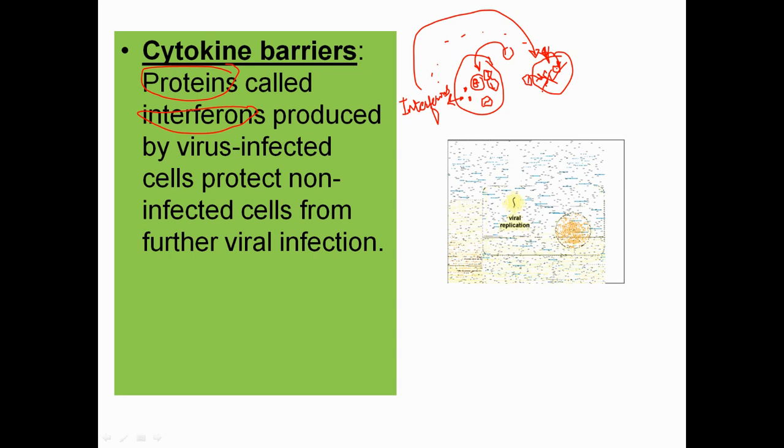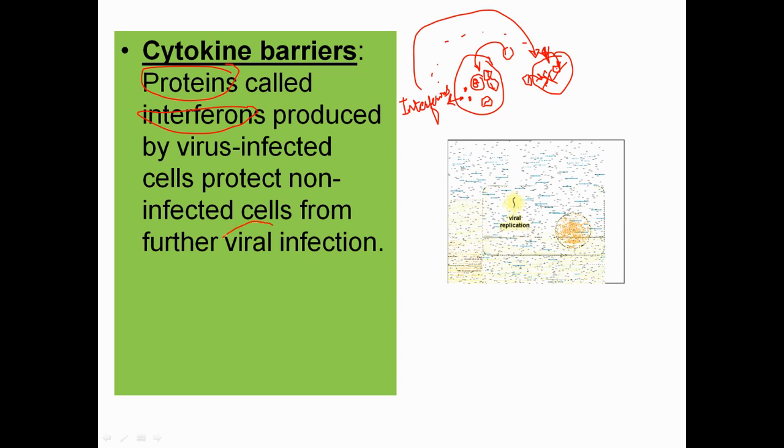So this is very crucial when we learn about cytokine barriers. Cytokine barriers are done with the help of proteins, and these proteins are interferons, which are specific in case of viral infection.